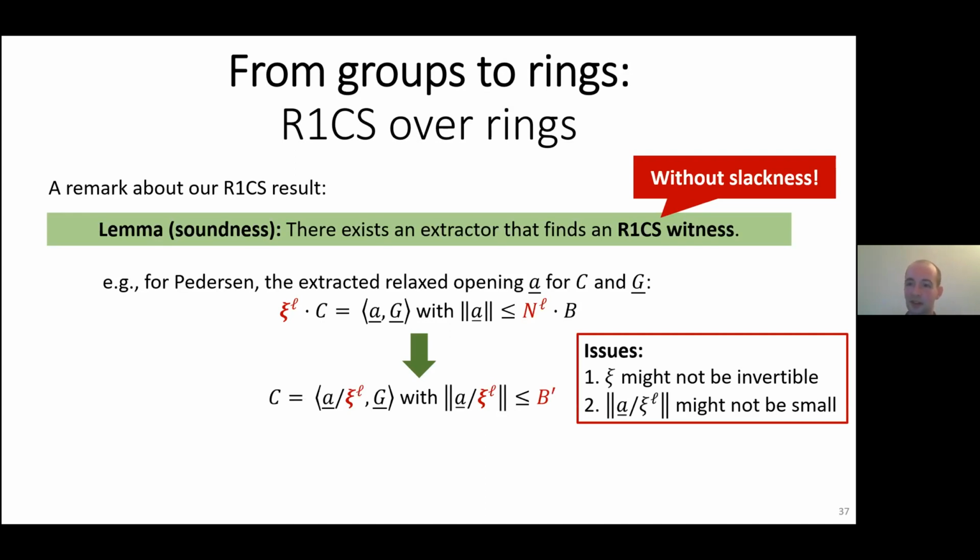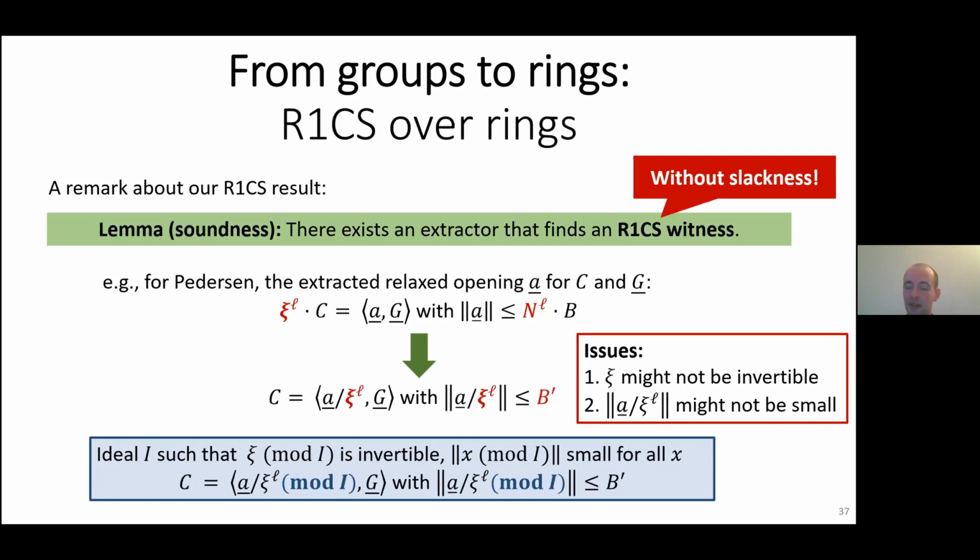The issues are that a fractional opening is not necessarily the same as a real one. This factor that we want to divide by to get the fractional opening might not even be invertible in the ring. It might not be a small message, so it might not be a valid opening for that reason. So the way we fix this issue is by working with R1CS over different quotient rings in which this fraction actually makes sense.